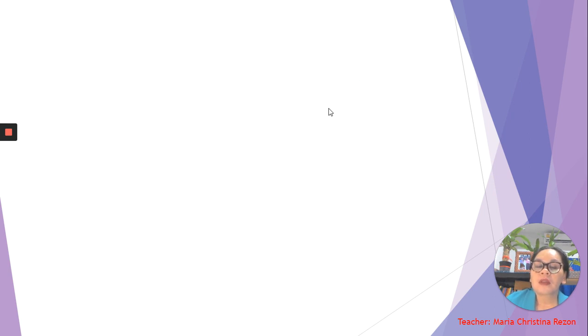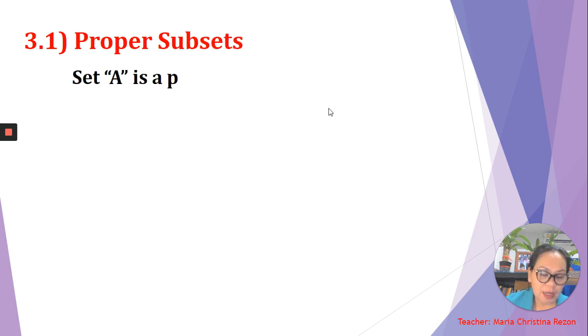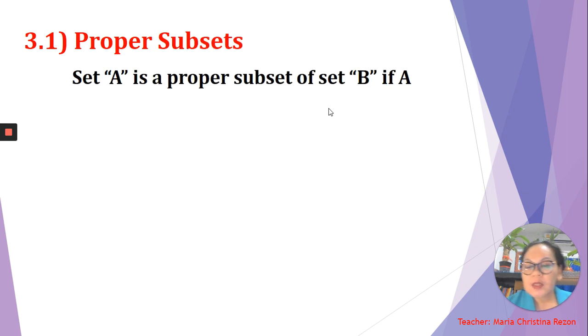Then you have proper subset. Set A is a proper subset of set B if A is a subset of B, but A and B are not equal.